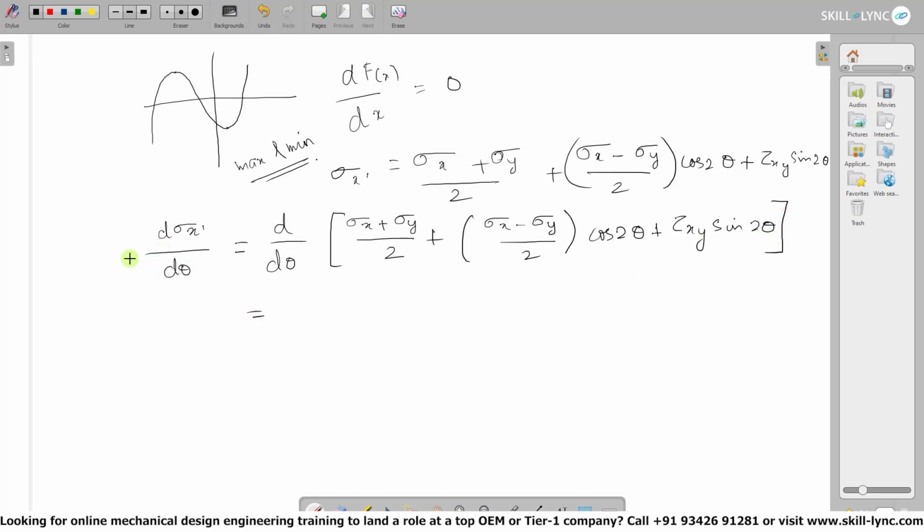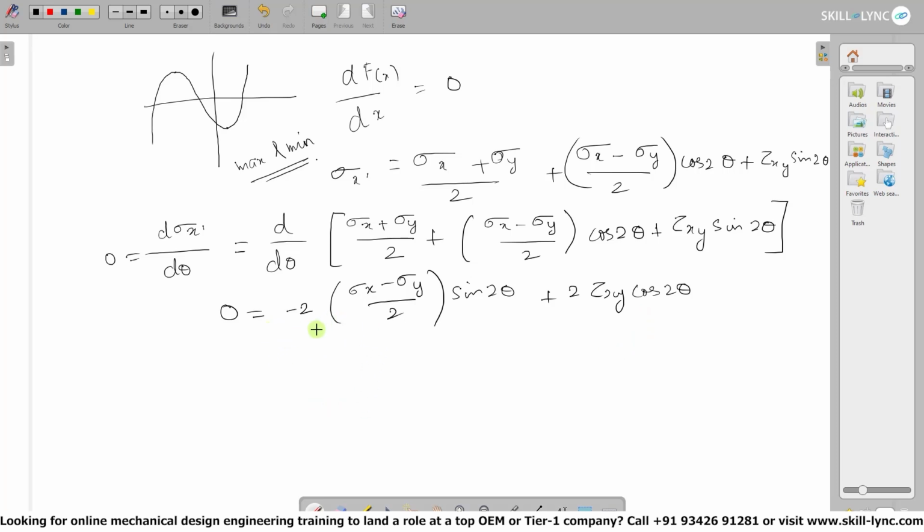So we know that the value here is 0. So 0 is equal to 0 minus 2 into sigma x minus sigma y by 2 into sin 2 theta plus 2 tau xy cos 2 theta. Now this is our value after differentiating.